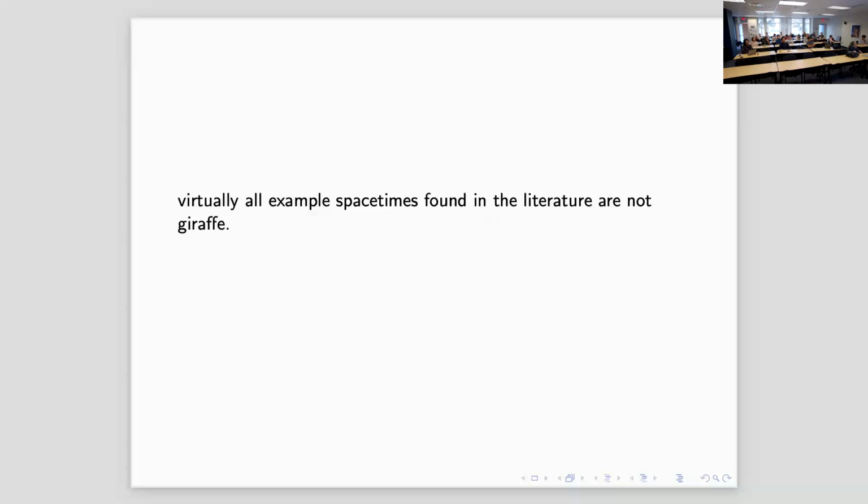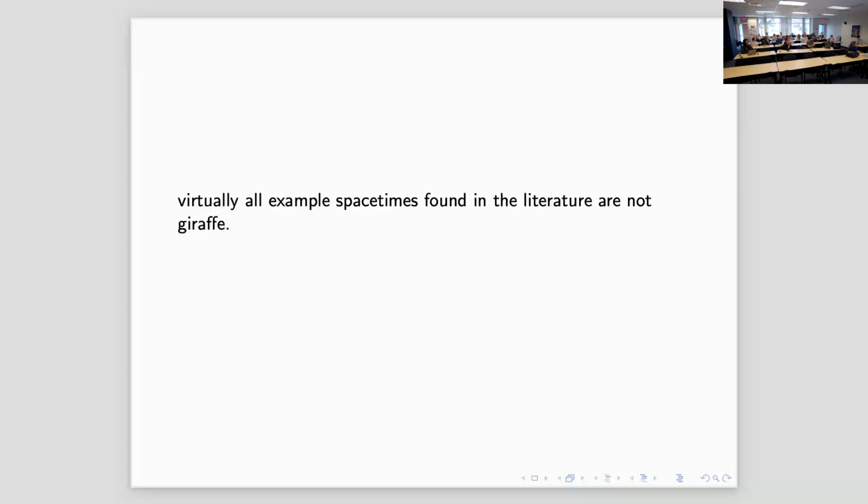Now, I want to emphasize that virtually all example spacetimes found in the literature are not giraffe. Okay, so open any GR textbook, open any philosophy textbook which is talking about GR. Look at the examples that they're using. I'll bet you it's not giraffe.